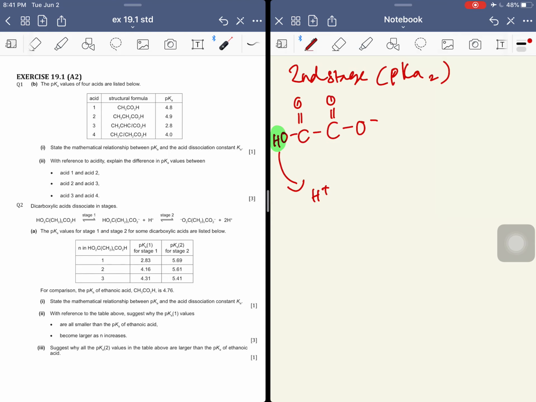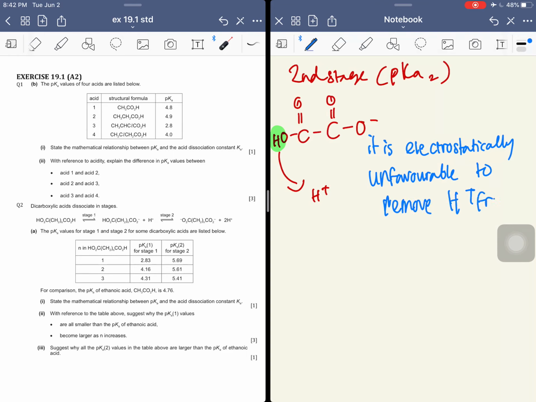Or the answer to that is, I'll explain it to you later, it is electrostatically unfavorable to remove H plus from a negative ion.